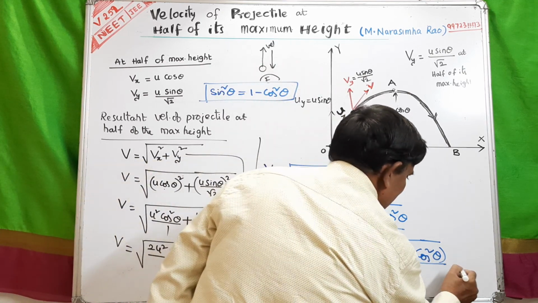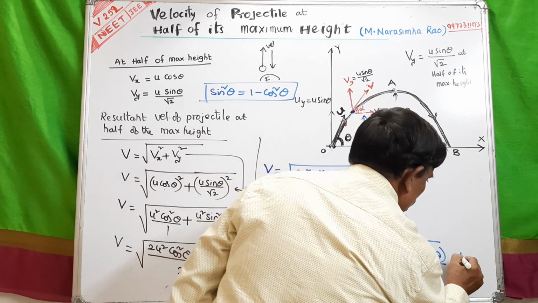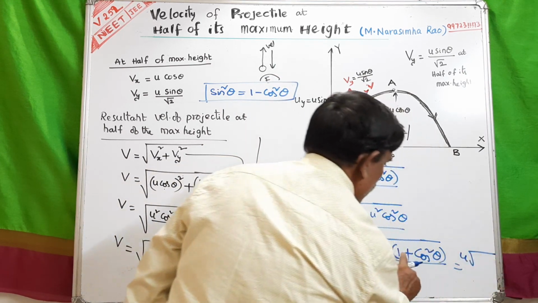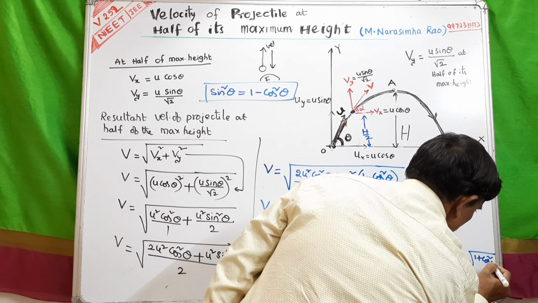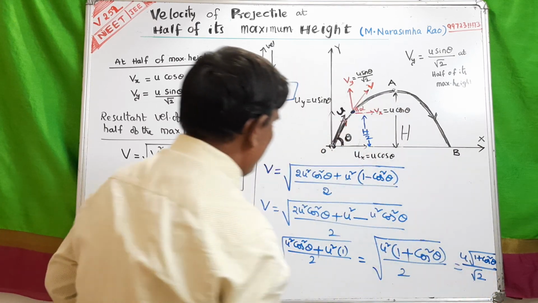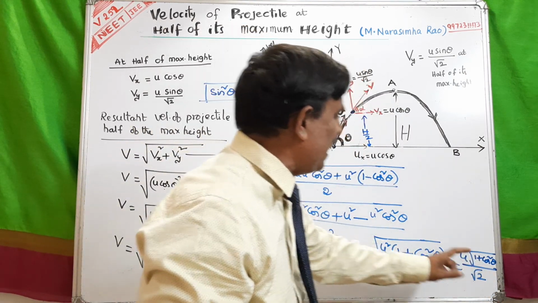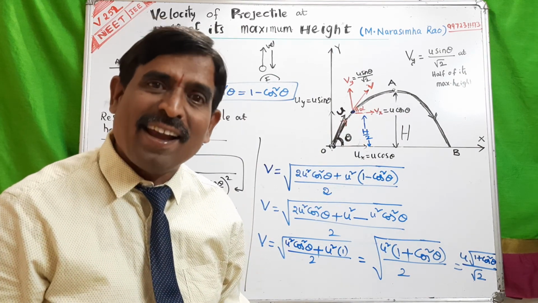This can be written as, square root to cancel, u square coming outside, u under root of 1 plus cos square theta by root 2. This is the resultant velocity at the half of the maximum height of the projectile. Thank you.